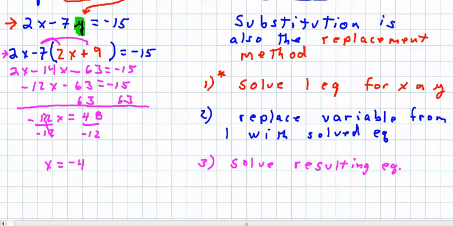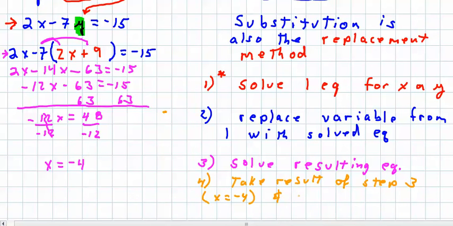All right, our last step. My last step then is to take the result of step 3, and that result is x equals negative 4. In our case, x equals negative 4.